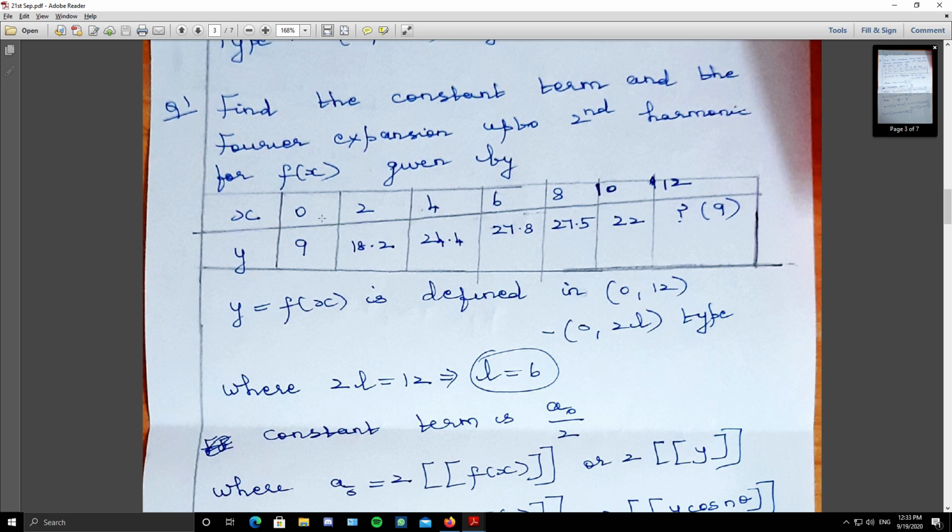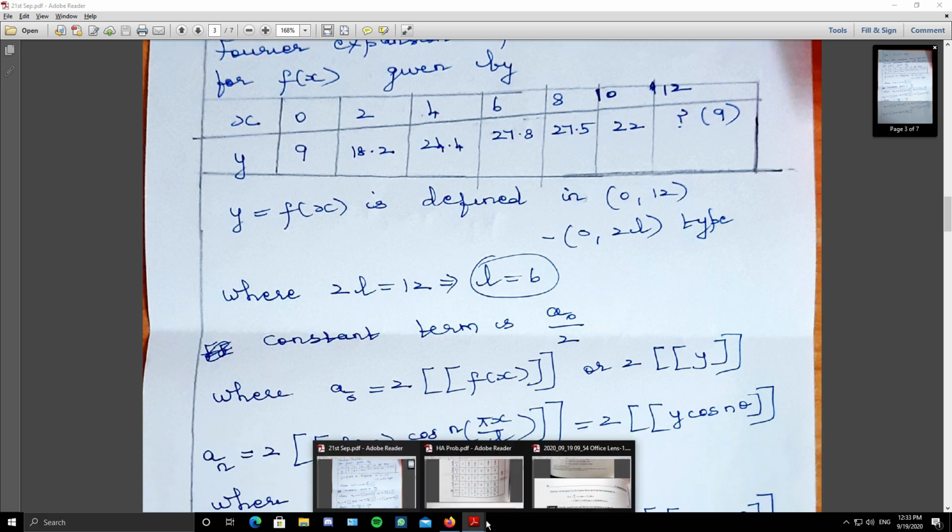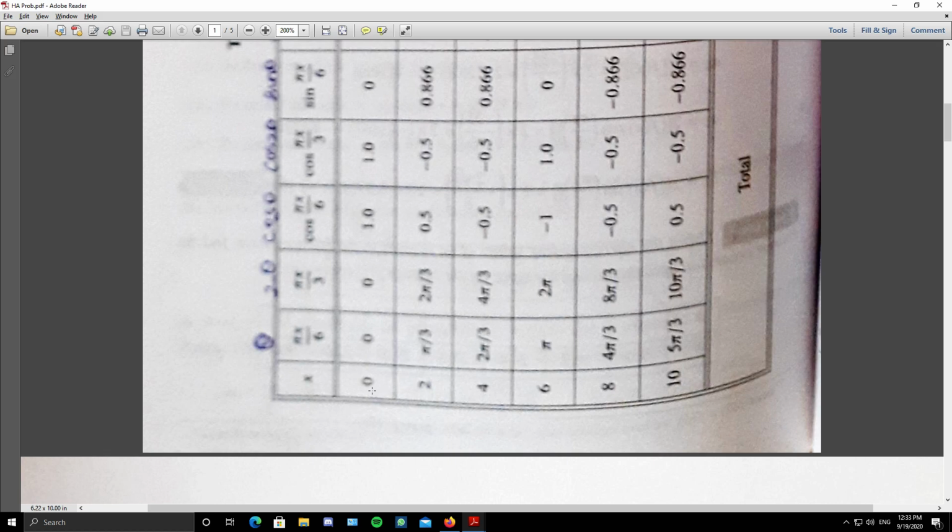Always include the first endpoint, because the other endpoint will be counted in the next interval, since it is a periodic function. That is why we are not including it. So 0 is included, 12 is not included: 0, 2, 4, 6, 8, 10.